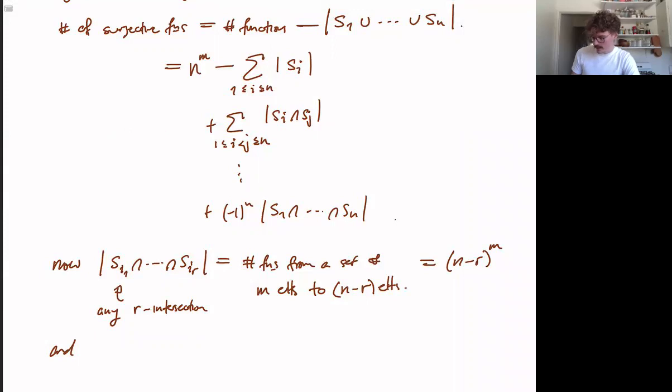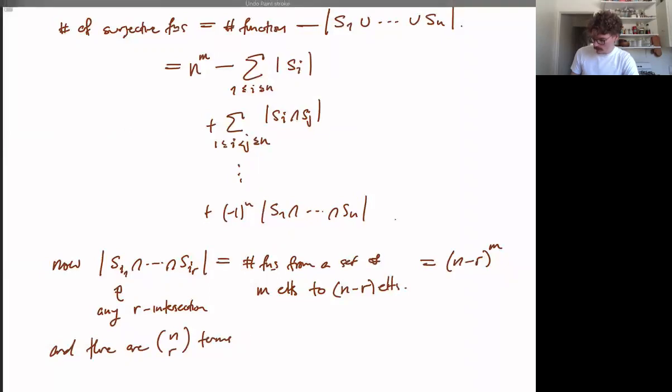And the number of terms in one of these sums, as we were saying before, and I believe when we proved inclusion-exclusion, the number of terms is just n choose R. So this is the number of R intersections in the sum.